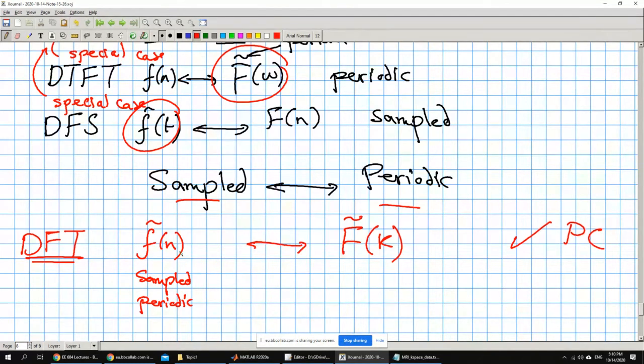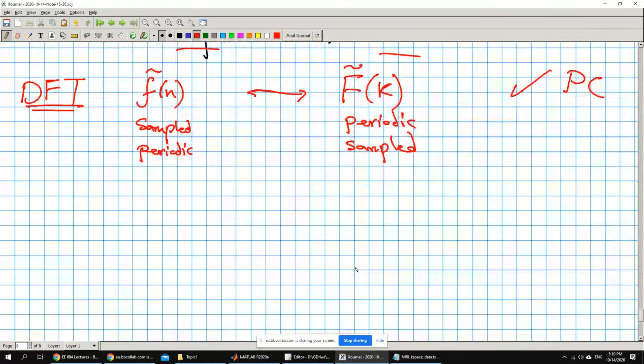Because here you have a sampled version, and because it's sampled, it comes out periodic. Because it's periodic here, it will come out sampled here. So as long as it's periodic and sampled, you can deal with it in a computer. If this is periodic, it means that it goes from minus infinity to infinity.